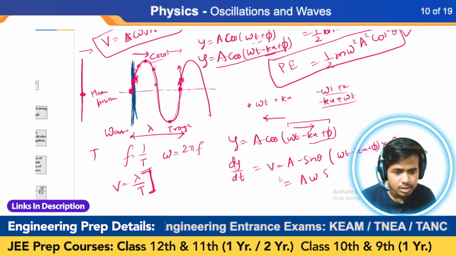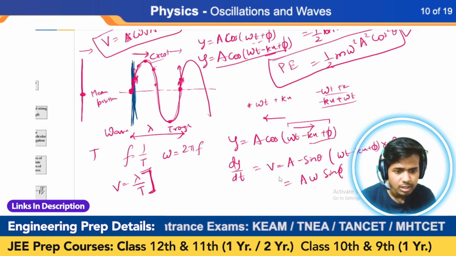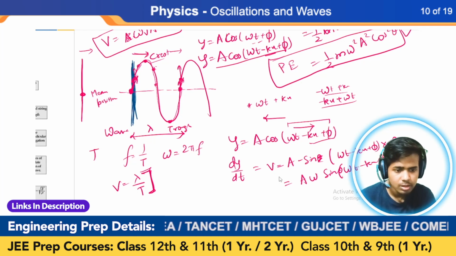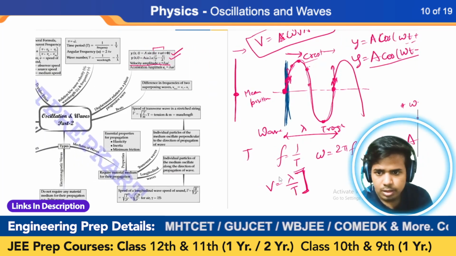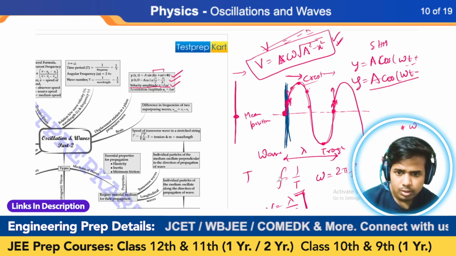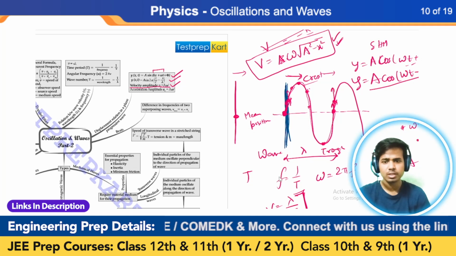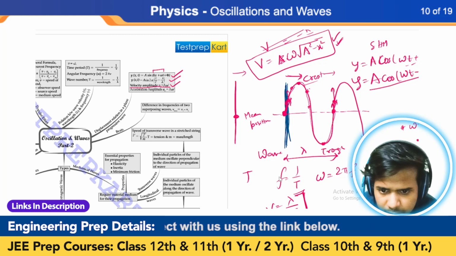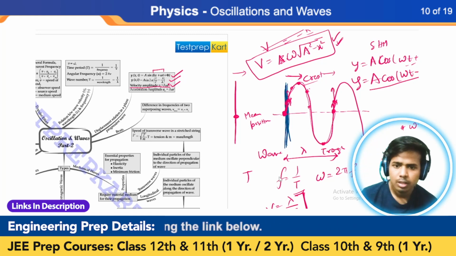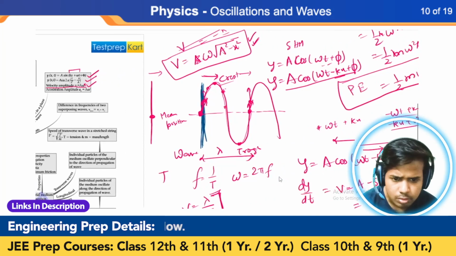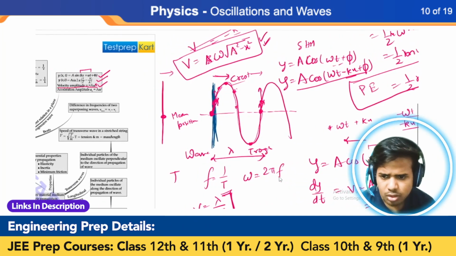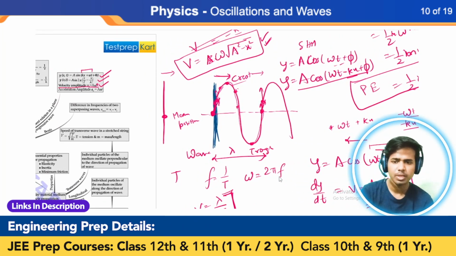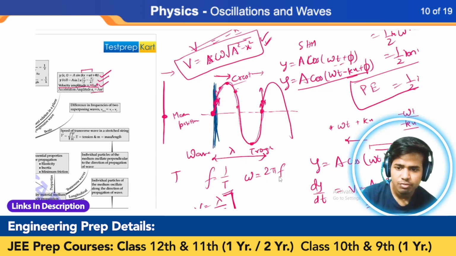So it will actually be a omega sine theta, sine omega t minus kx plus phi. So velocity is equal to this thing. I think it should not be a omega square, but a omega simply, minus a omega, and the acceleration will be equal to a omega square.